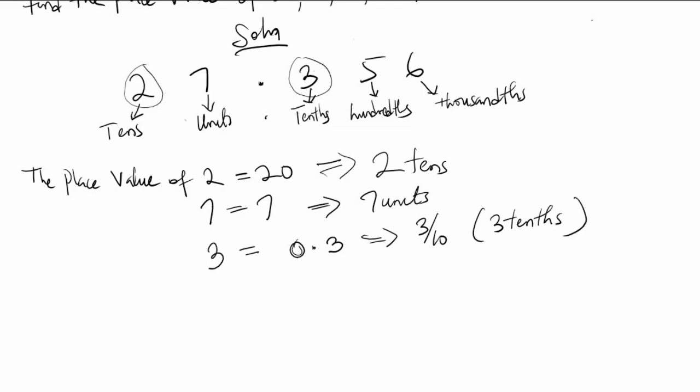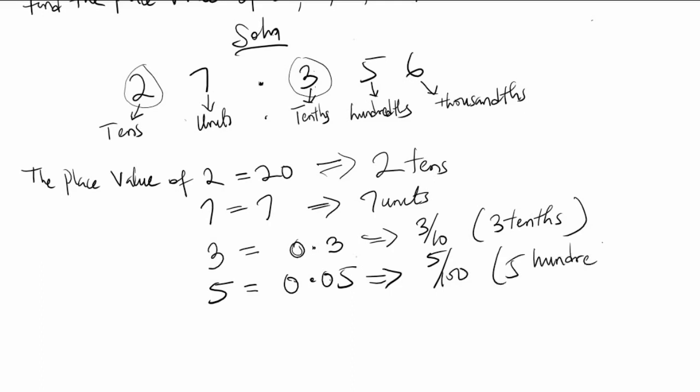Place value of 5 is 0.05. Everything before the decimal becomes 0, this 3 becomes 0, then 5, which is 5 over 100, which is 5 hundredths.